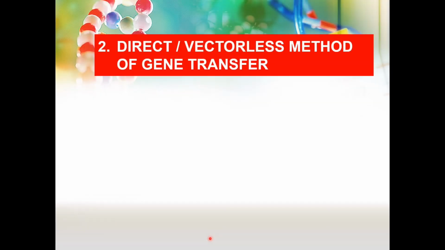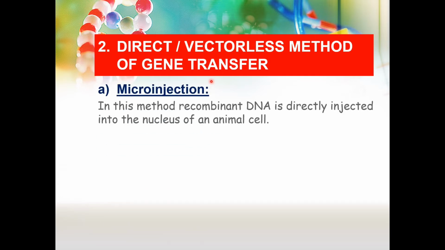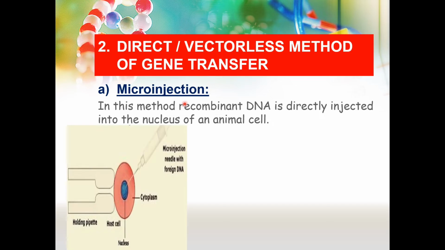Now let's study the second method, that is direct or vectorless method of gene transfer. In that, first is microinjection. In this method, the recombinant DNA is directly injected into the nucleus of an animal cell. So this method is used mainly for the animal cells.